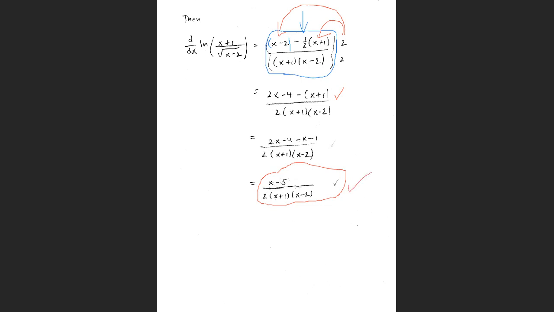Where does the 4 come from? All right, John, good question. When I took the 2 here and multiplied it by the x minus 2, this part here, 2 times x minus 2 equals 2x minus 4.